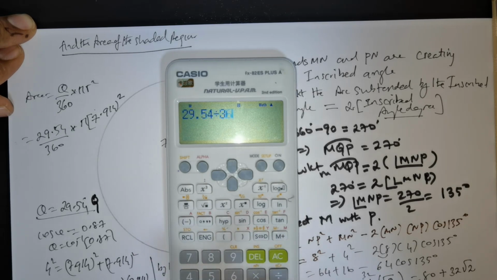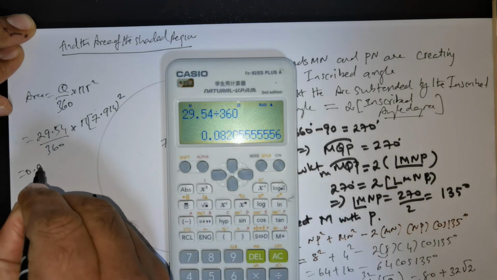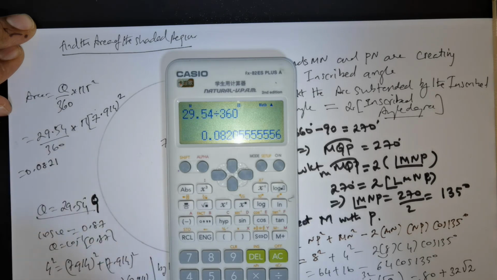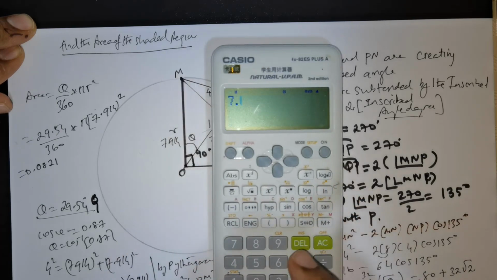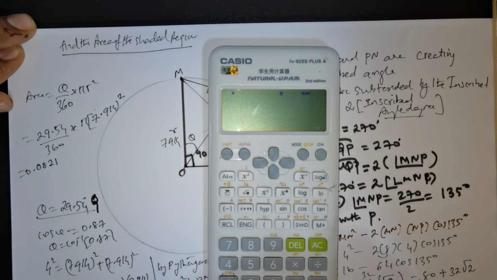29.54 divided by 360. That is giving me 0.0821, and we have to take 7.914 square.